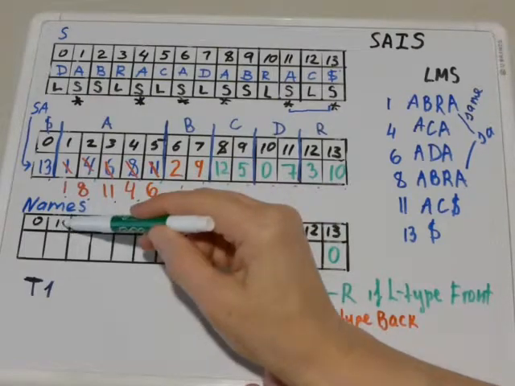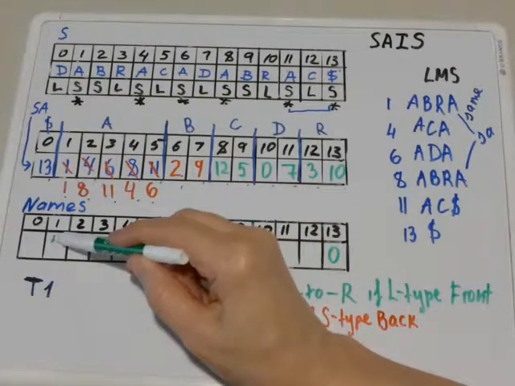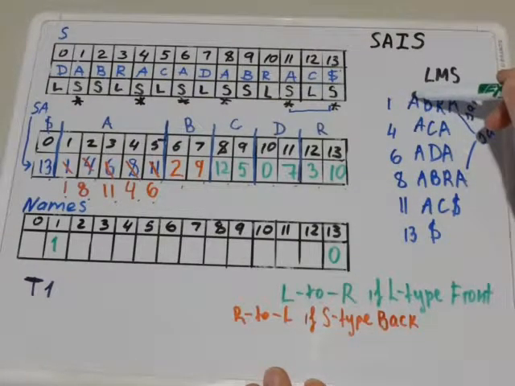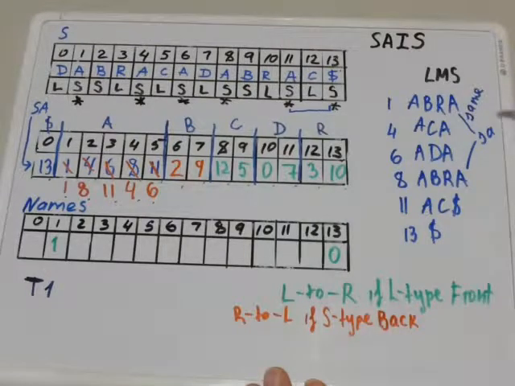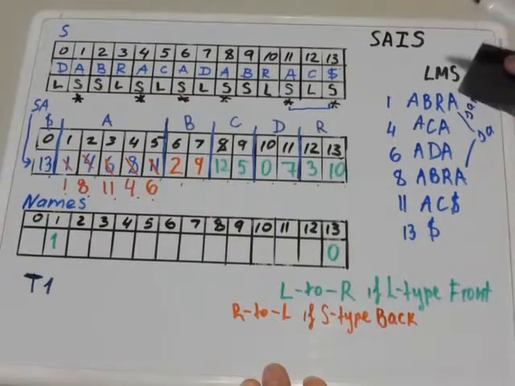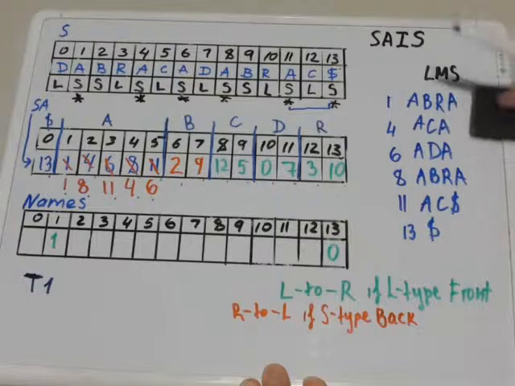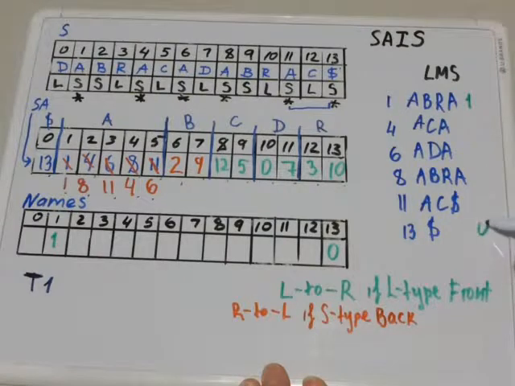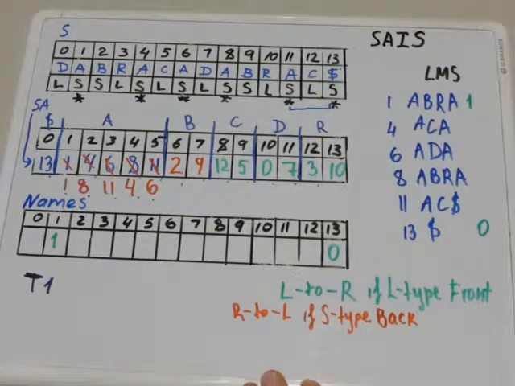So name 1 is assigned to the LMS substring Abra. Let me in fact put their names right in here in green next to them. This is name 0, this is next name 1.